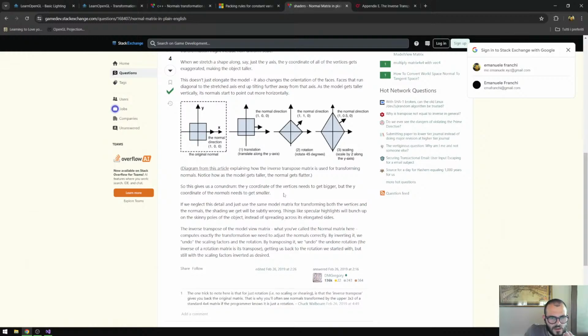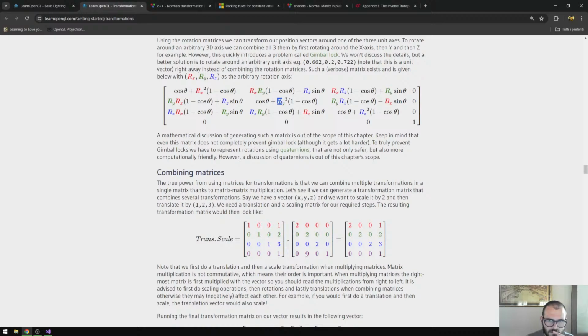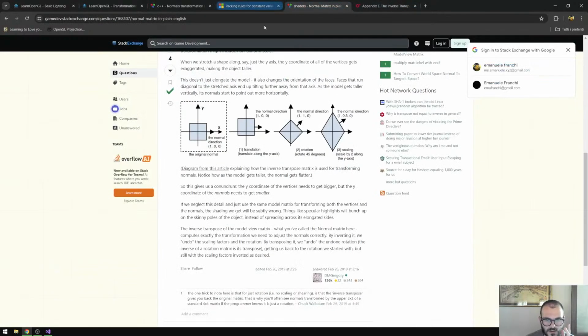sides. Okay, the inverse transpose of the model matrix, because we are doing our calculations in world space. What you call the normal matrix here computes exactly the transformation we need to adjust the normals correctly.